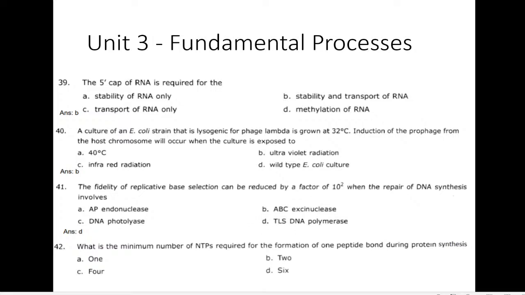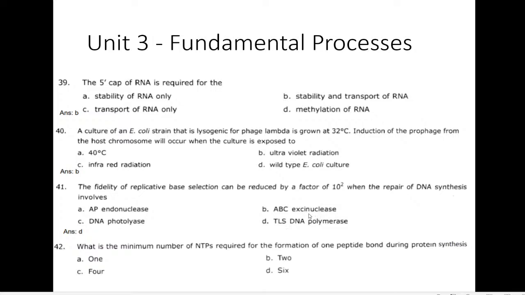Some of the other enzymes here, such as endonucleases, are involved in various steps of DNA synthesis and DNA replication. For example, here you can see ABC XC nuclease.